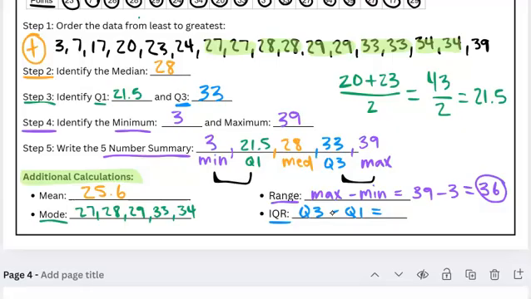So Q3 is 33 and Q1 is 21.5. We found those in step 3. 33 minus 21.5 is 11.5. So that is how we calculate all of these mathematical values that help us analyze data sets.